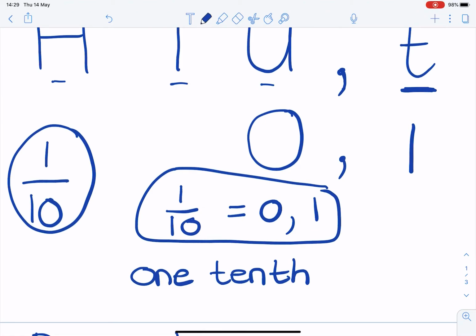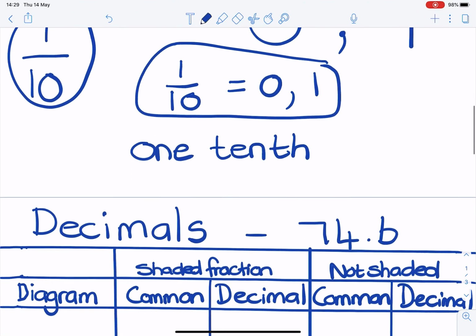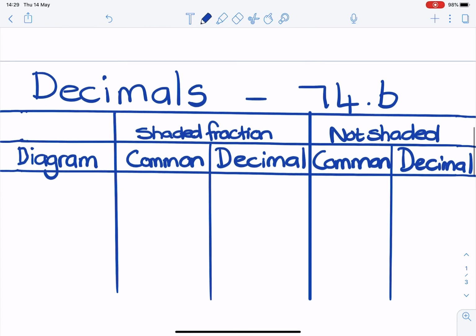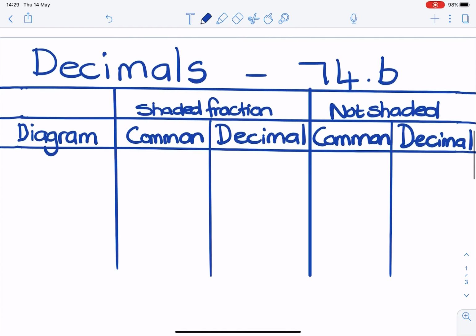Once you've finished exercise 74A, you will move on to exercise 74B. You will need to draw the table that they've given you, and then let's look at how we are to fill it in.